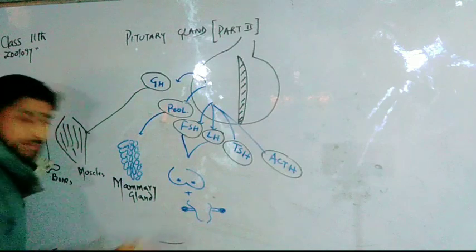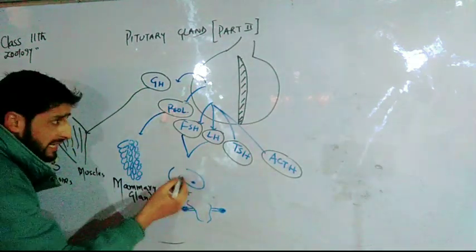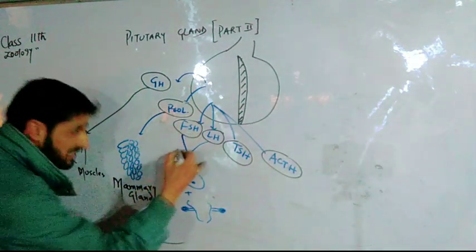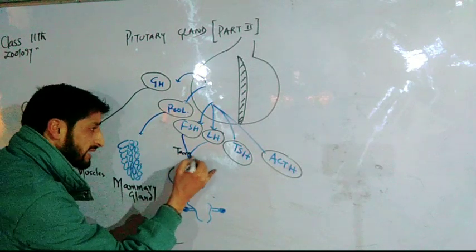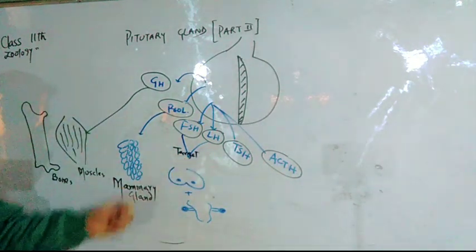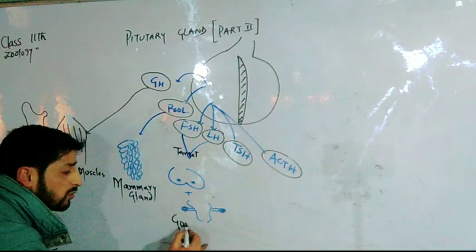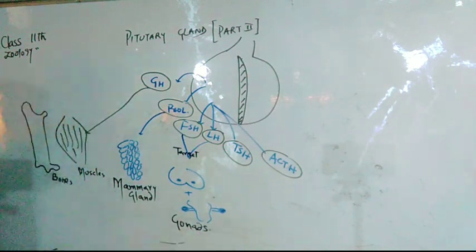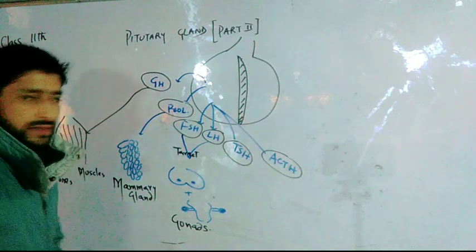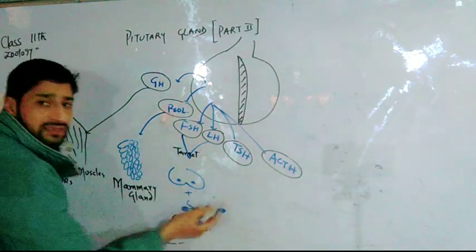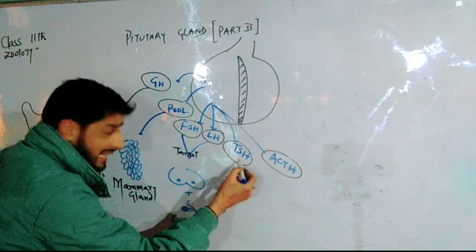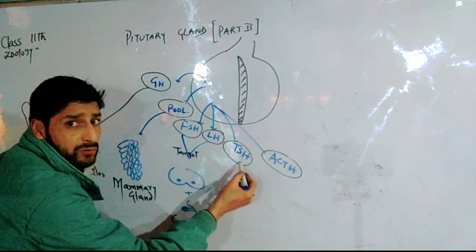So we should culminate the things by saying that FSH and LH have target organs present both in males as well as in females. These target structures are actually known as gonads. Now, the next hormone is thyroid stimulating hormone.